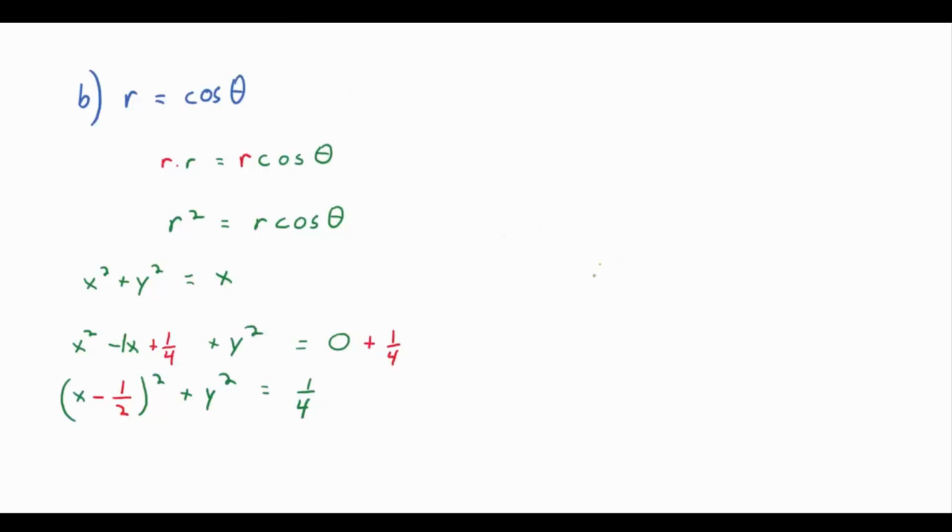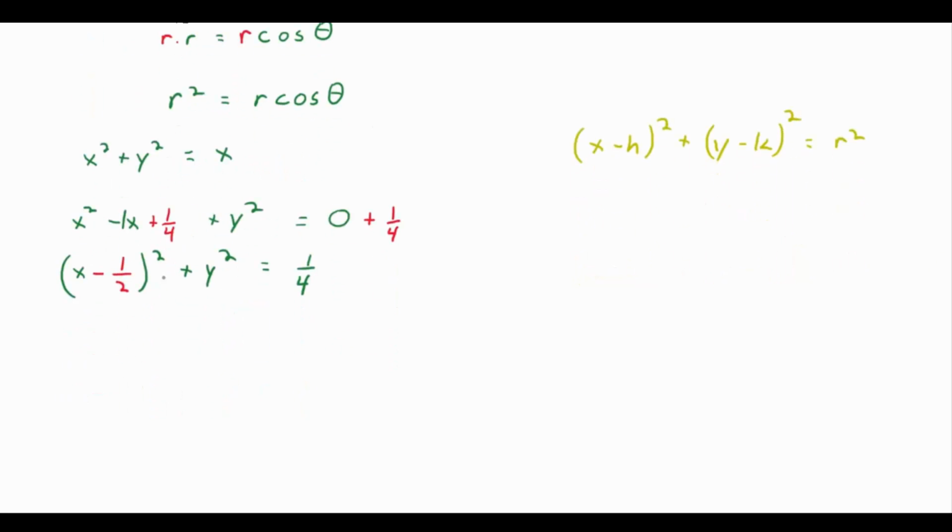If it has a center other than the origin, x minus h quantity squared plus y minus k quantity squared equals r squared, right? In this case, what's h and k? 1/2 and 0. So the center of this thing is, capital C for center, 1/2, 0. h and k are 1/2 and 0.